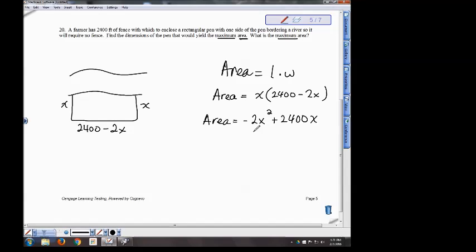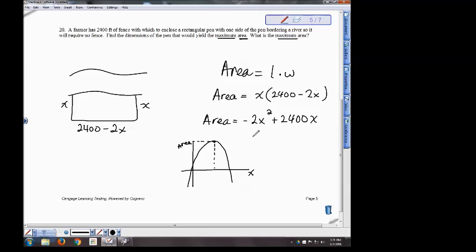As it turns out, you don't need to graph this. It's not required in the problem, but as it turns out, it's an upside down parabola in terms of x and area. So if we can find the vertex, that's going to give us the maximum dimension, or the dimensions that are going to yield the maximum area.